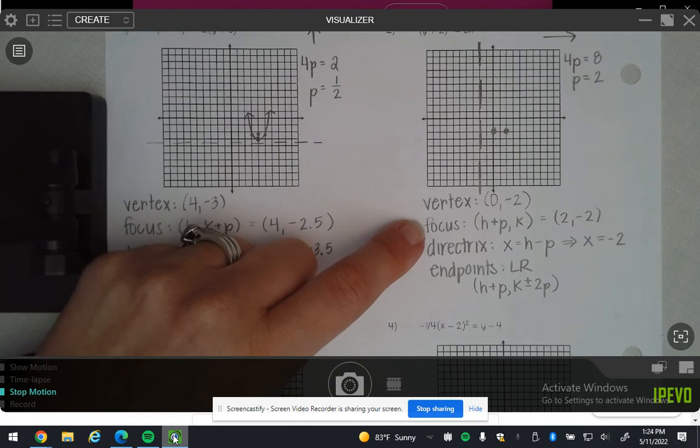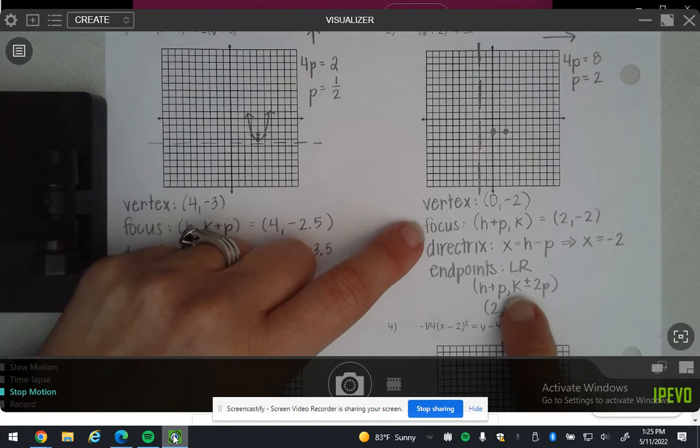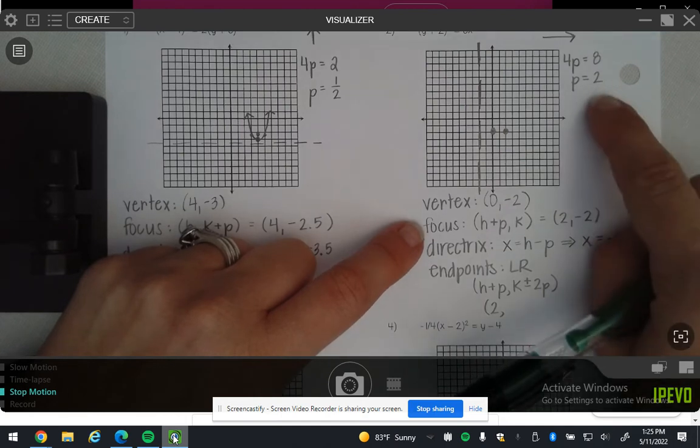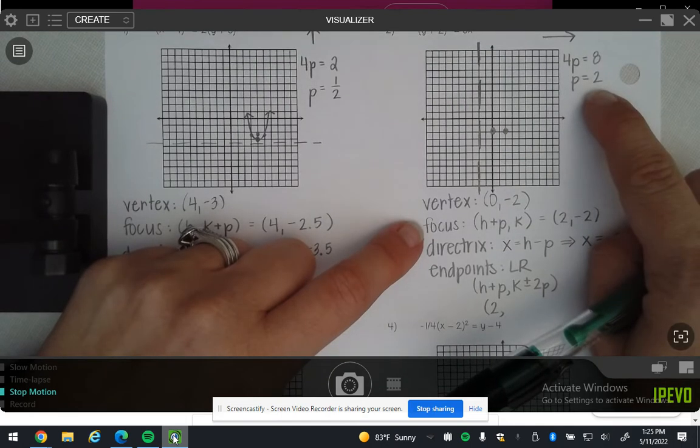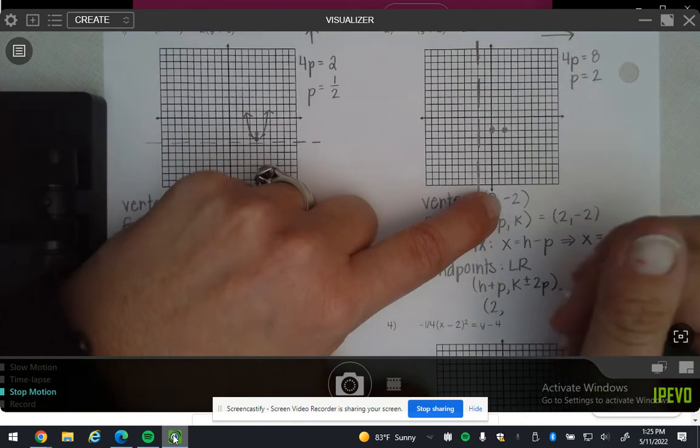You have to just play with it. You can't just say, I don't know how to do it all the way. These are different. I understand it, but you got to be able to play with it. So my first endpoint is 2, comma, K plus 2P. What does P equal? P equals 2. So 2 times 2 is 4. Negative 2 plus 4 is 2.